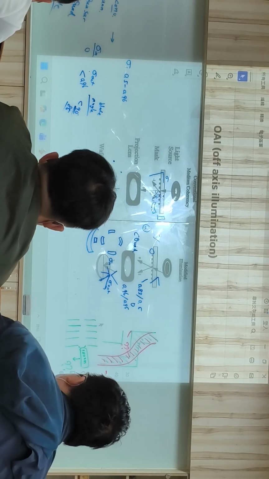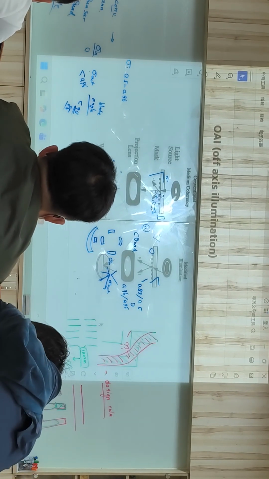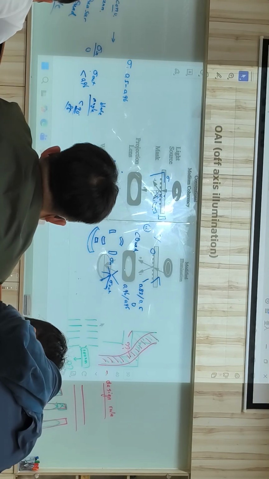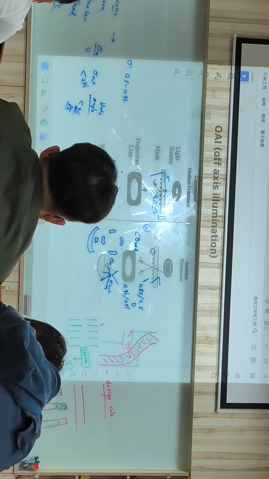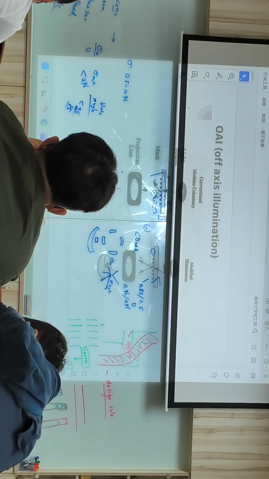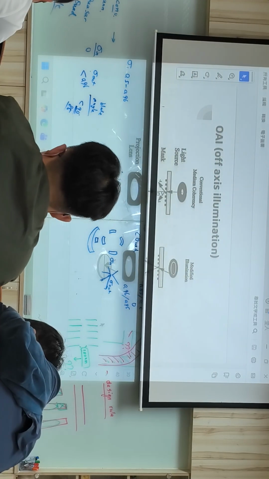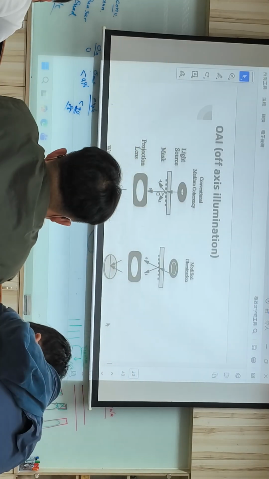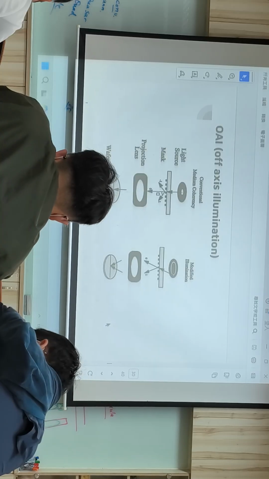Okay. So now we want to explain what's the benefit of using OAI. Why do we need OAI? Except for conventional illumination, everything else is OAI, off-axis illumination.